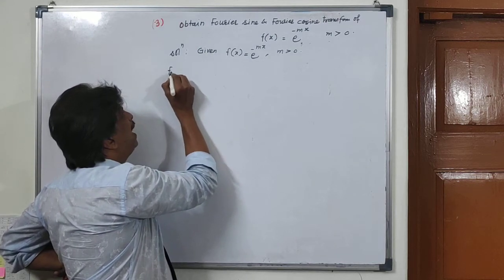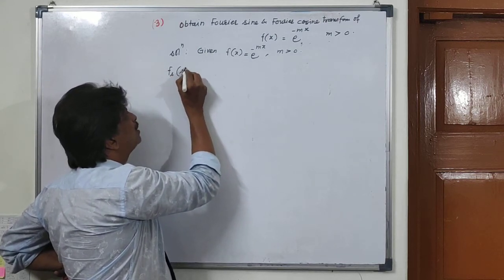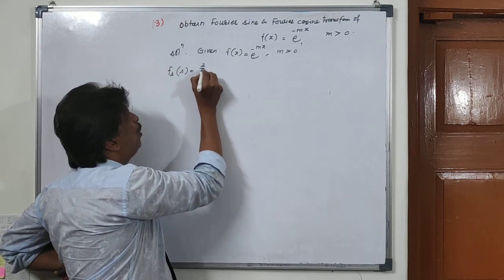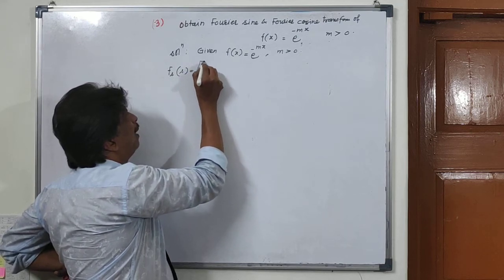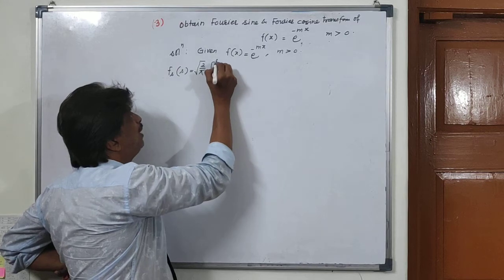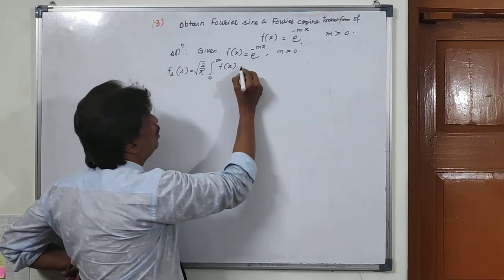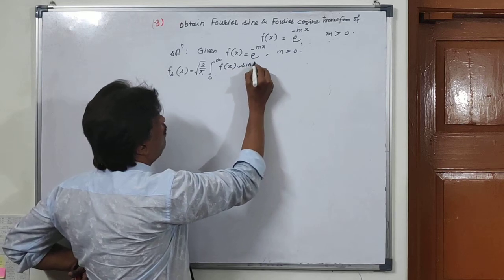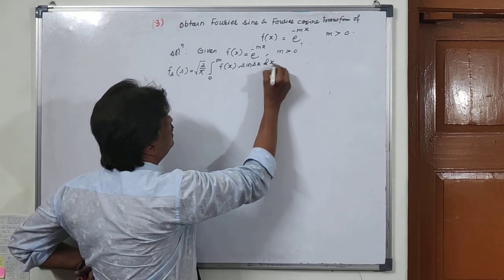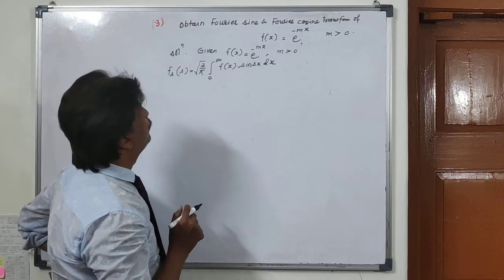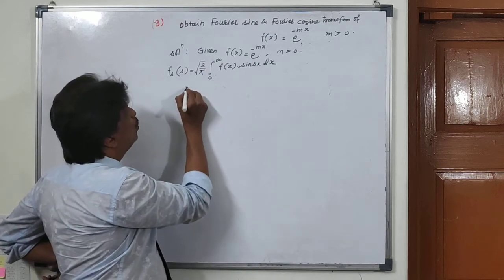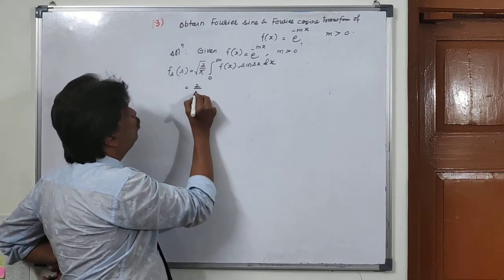Fourier sine transform F_s(s) is equal to root of 2/pi integral 0 to infinity f of x into sin of sx dx.